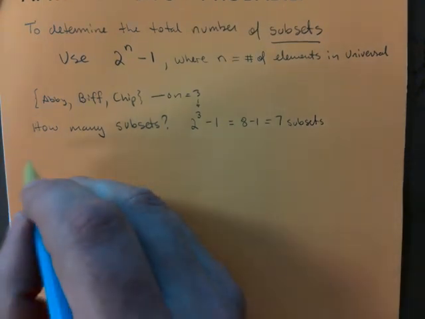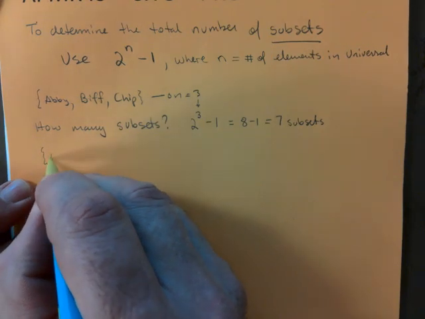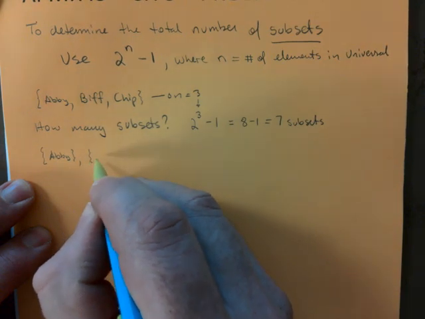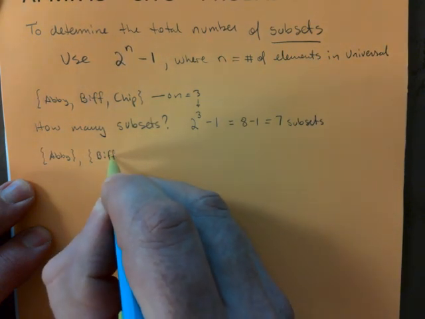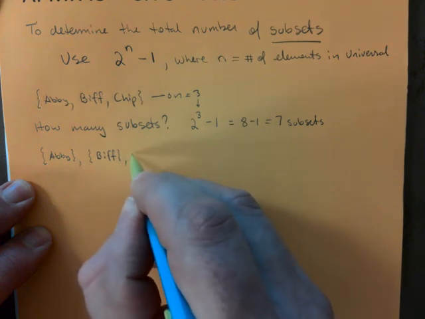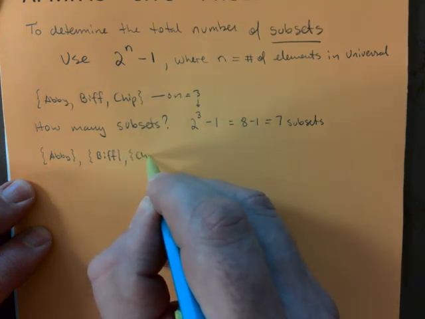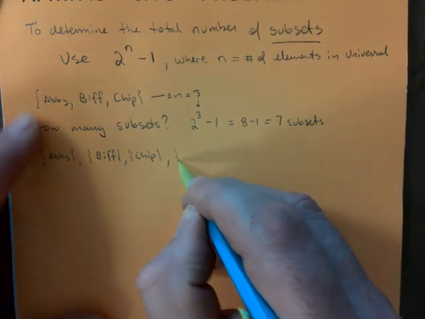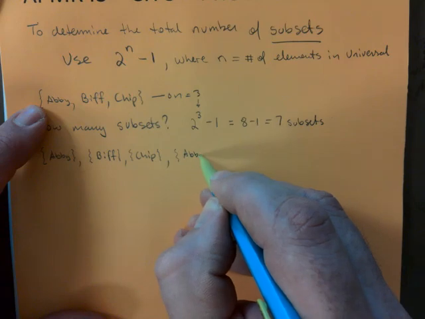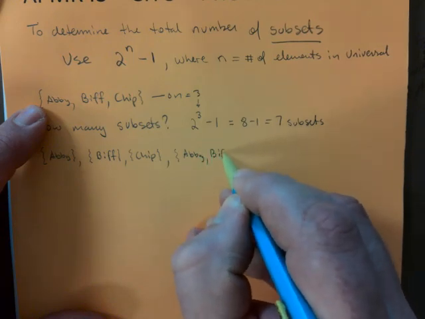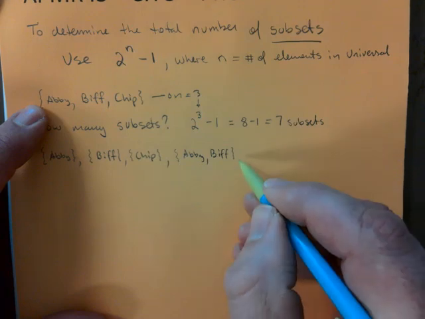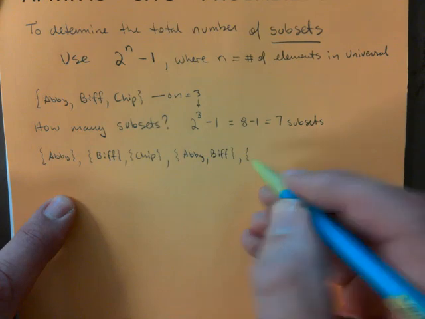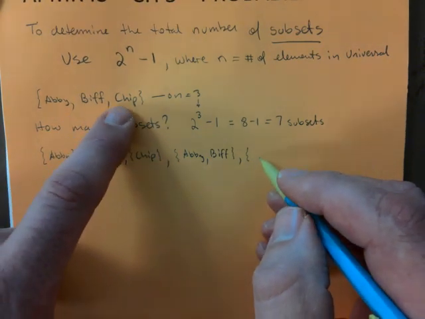How so? Subset number 1 is just Abby. Okay. Subset number 2 is just Biff. Subset number 3 is Chip. Subset number 4 would be Abby and Biff. Subset number 5 would be Biff and Chip.